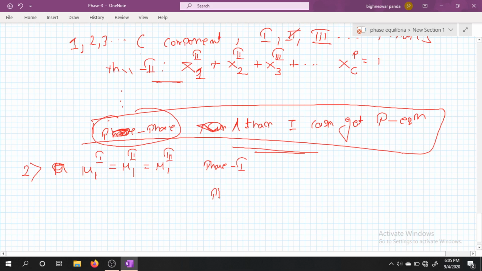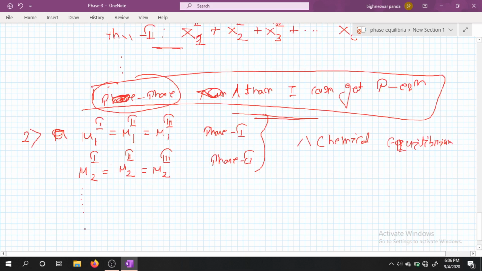Since we have P phases, there will be P minus 1 equations.